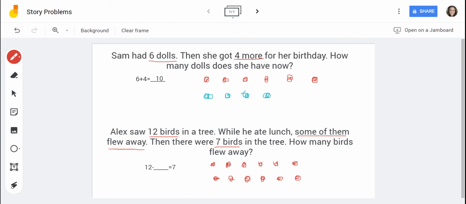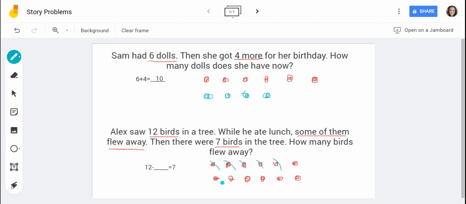So I'm going to cross out these birds or these dots until I have 7 left, and then we'll see how many I crossed out. Let's change my color. Let's do blue again. So I'm going to make it so that I have 7 left. So I'm just going to start crossing out until I have 7 left.